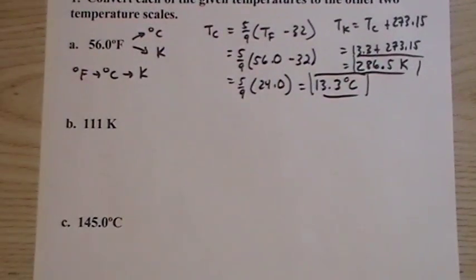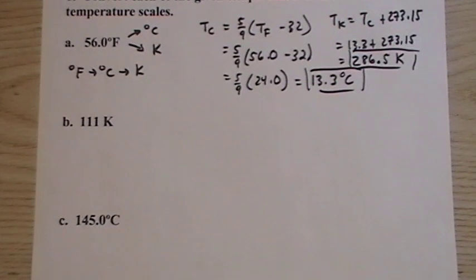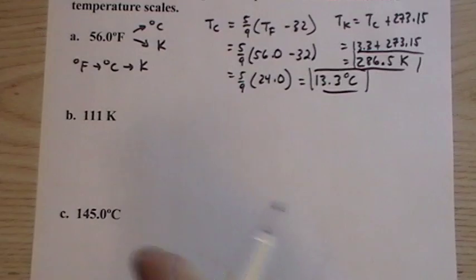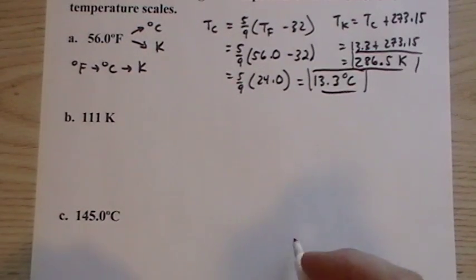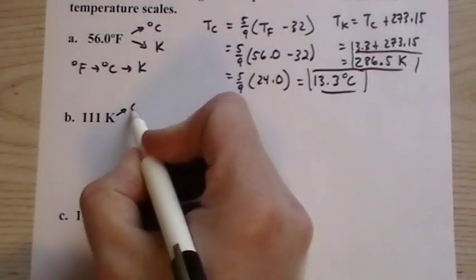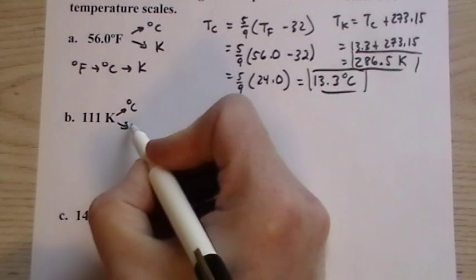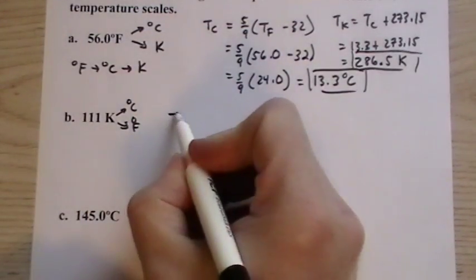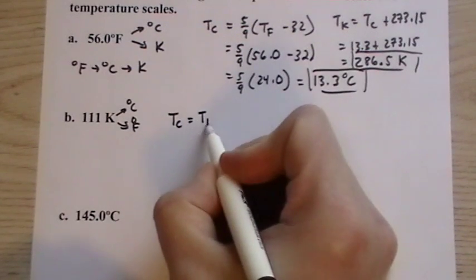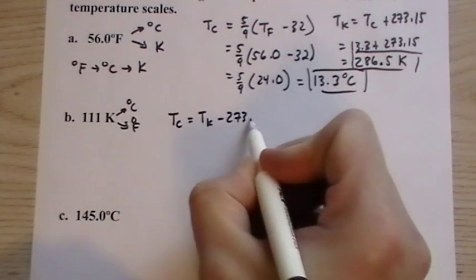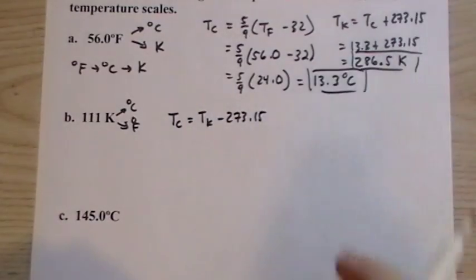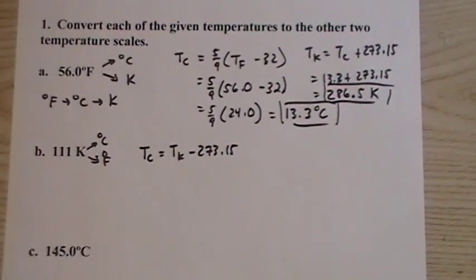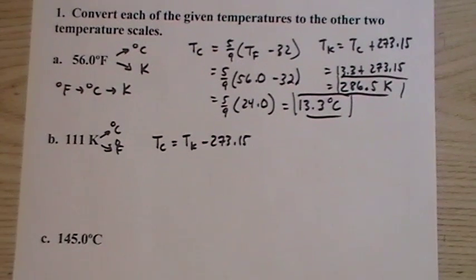So for the next one, 111 Kelvin, we're going to do four different ones here. We're going to go pretty fast. So we need to convert to Celsius and then also to Fahrenheit. So we have TC is equal to TK minus 273.15, going back to Celsius here, the reverse of what we just did.